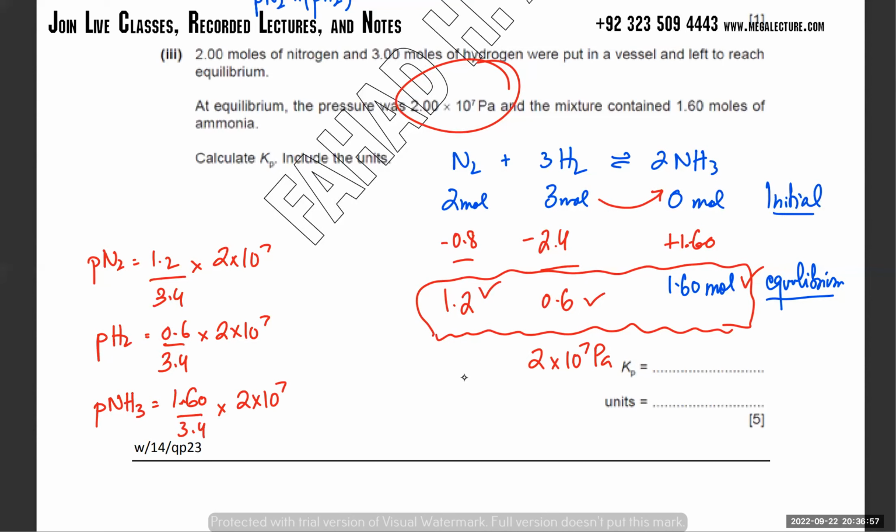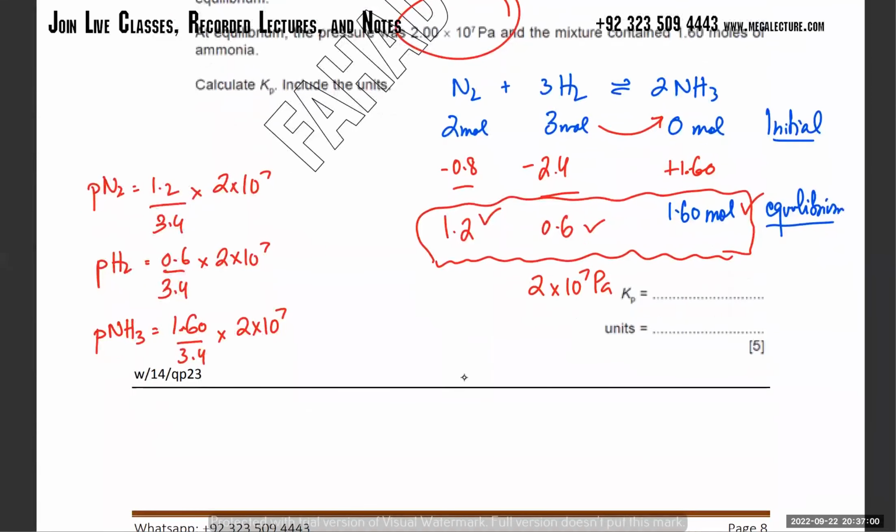So, and then you have to do the other stuff, which is that you have to plug it in the expression. So can you try and figure out what, and the expression was PNH3 squared, divided by PN2 and PH2 cubed.